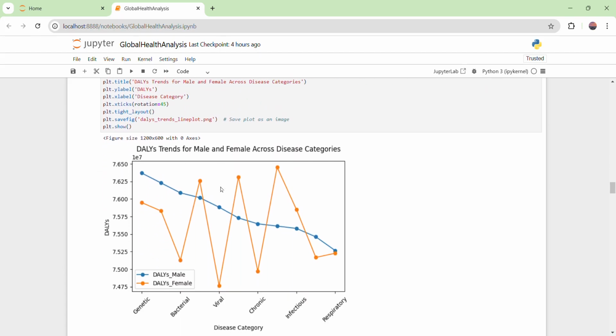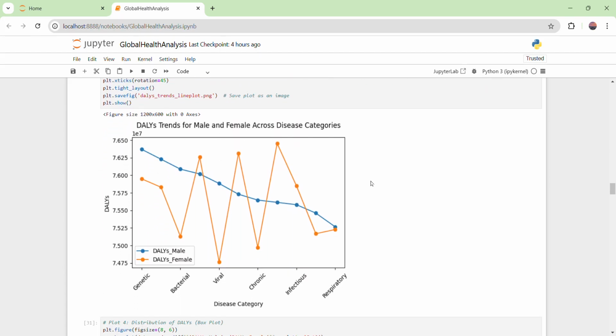Similarly, this graph has been plotted to find the trend of DALY values for the two genders, male and female. The blue line represents the trend for males, whereas the orange one stands for females. We can see that a maximum of the DALY values for males occurs for genetic, whereas a minimum occurs for respiratory.